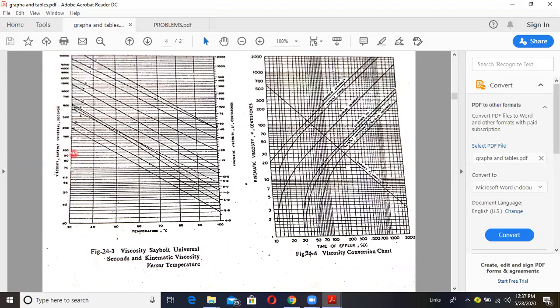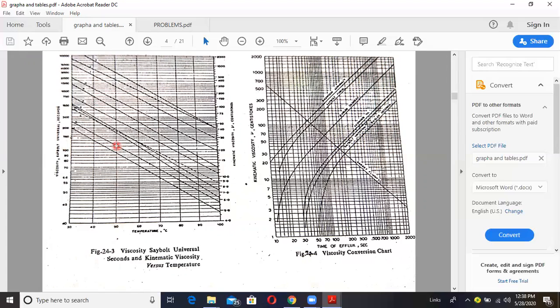Now, from here, move towards the right side like this, until it touches the 50 degree line on the x-axis. For example, if I take this as 110, move towards the right side until it touches the 50 degree line. Now it is touching here, right? Here it is 50 degrees, and here it is 110 on the y-axis.